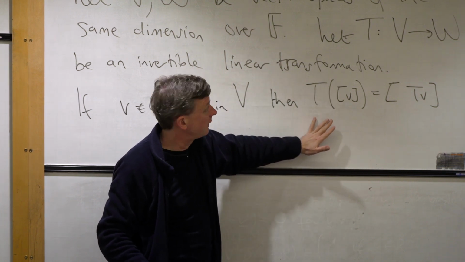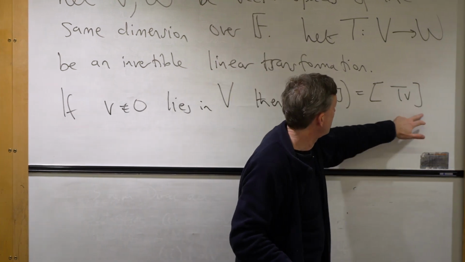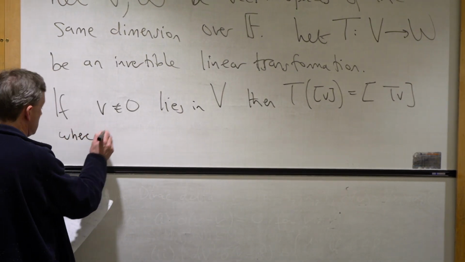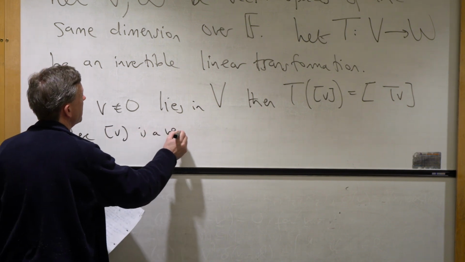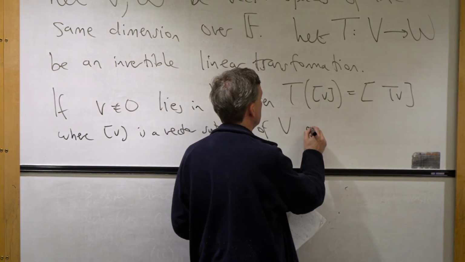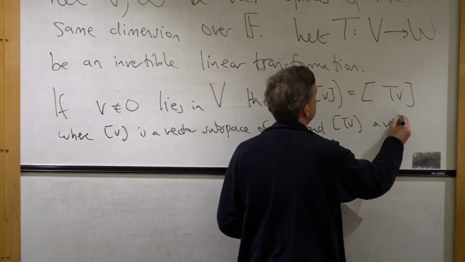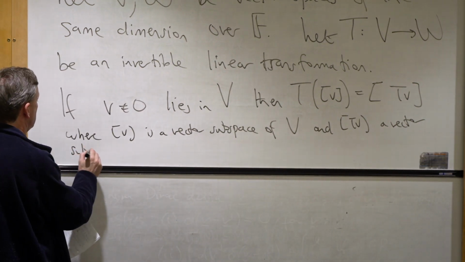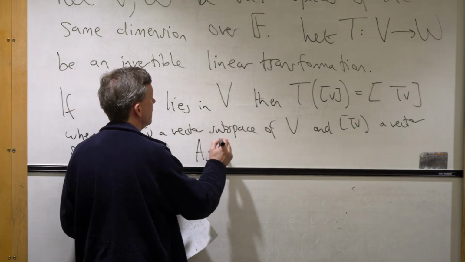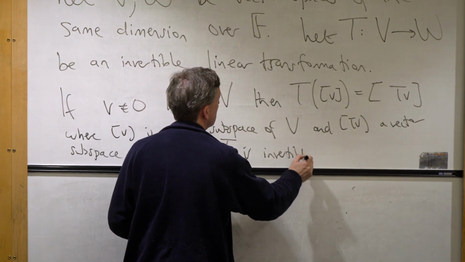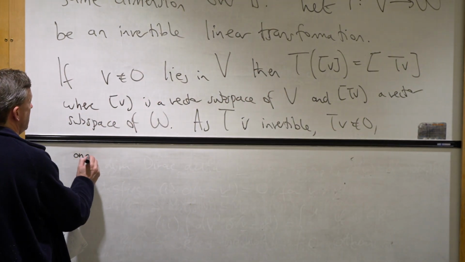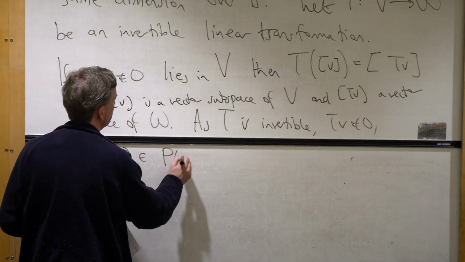I get a subset of W, which is just the one-dimensional vector space spanned by the point Tv, where square brackets v is a vector subspace of V of dimension 1, and square brackets Tv is a vector subspace of W. And as T is invertible, Tv is non-zero, and this point square brackets Tv is a point in the projective space of W.